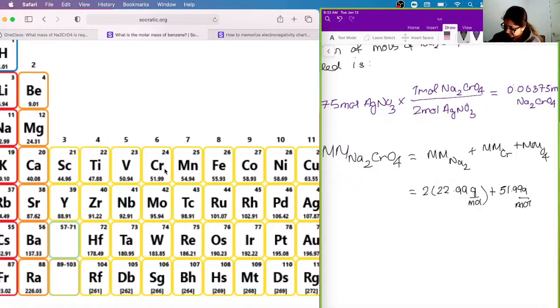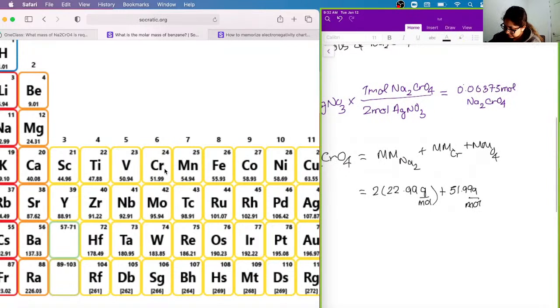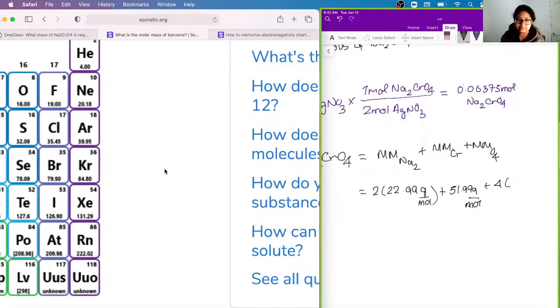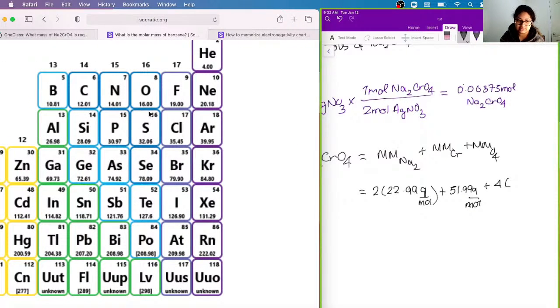And we have 4 oxygen, so we multiply that by 4, and the molar mass of oxygen here is 16.00 grams per mole. Once you do the math here, you would get 161.972 grams per mole.